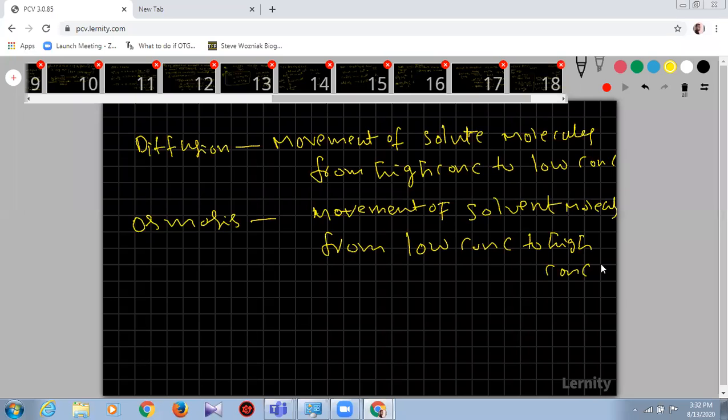In the options it was given high concentration to low concentration. In osmosis, does it happen? No. Higher osmotic pressure to lower osmotic pressure? High concentration means high osmotic pressure, so that is also wrong. Low vapor pressure to high vapor pressure? Is it possible? No. High vapor pressure to low vapor pressure. Got it?